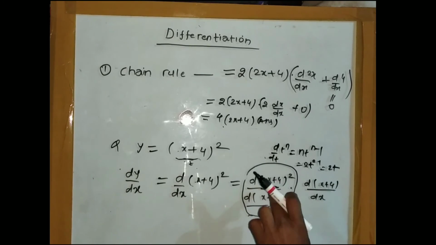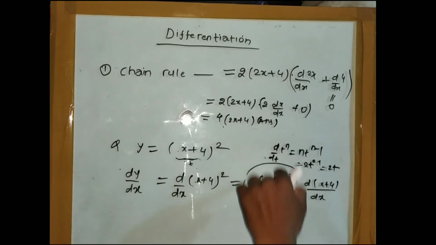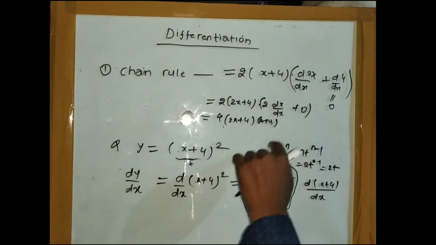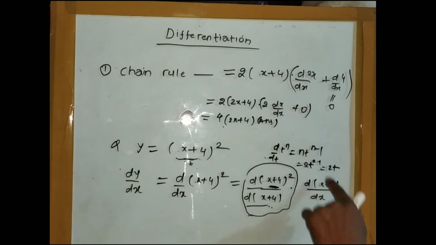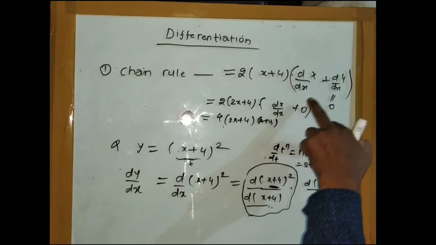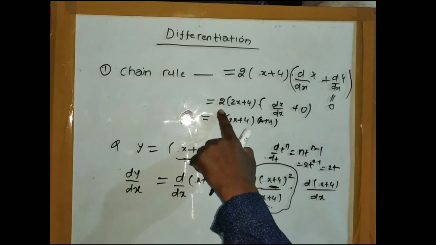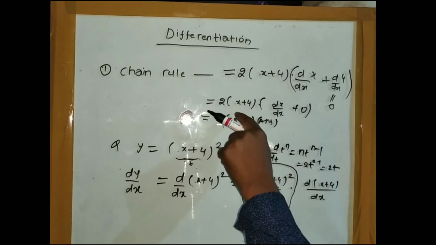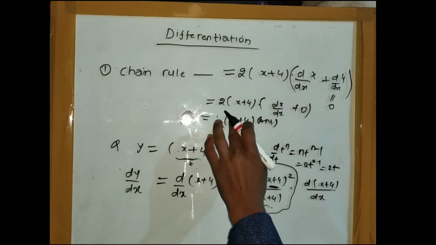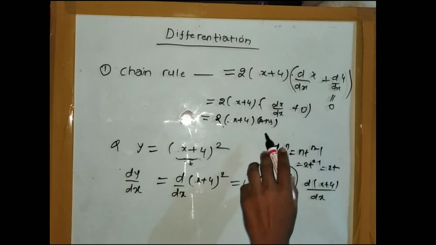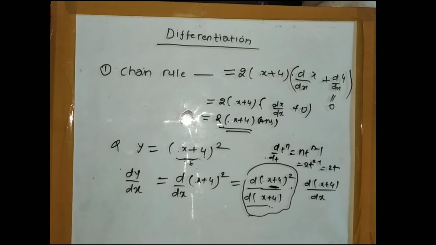So the derivative of this term is 2 into (x plus 4), and then we find the derivative of the inner term x plus 4, where dx by dx is 1 and the constant term is 0. So 2 into (x plus 4) is our answer.